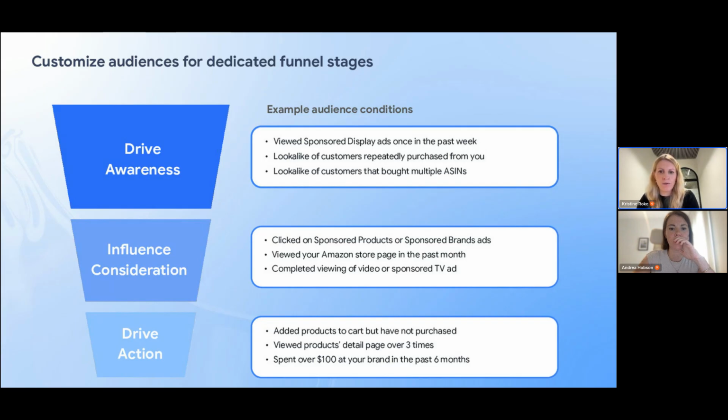And then, of course, the audiences for the action. So here we would target the users who viewed items or added items to cart but did not purchase. And this kind of segmentation makes our campaigns more relevant and efficient.